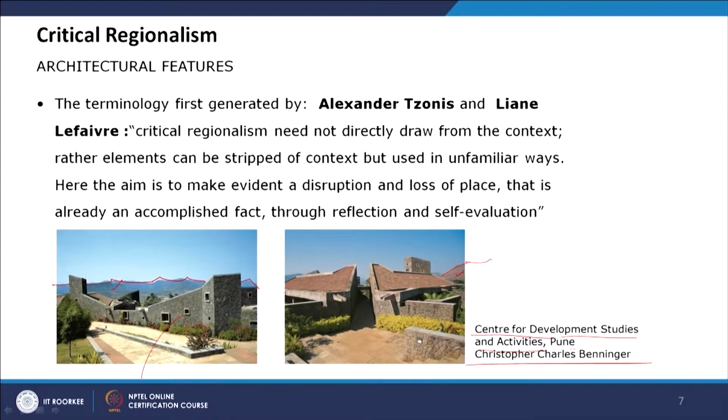When he is designing this, he is using the stone texture, which matches that, and the roof texture, which also matches the hill. So he is taking inspiration from the hill, but he is not making a hill. It's a building which has a similarity with the hill. So it's local.